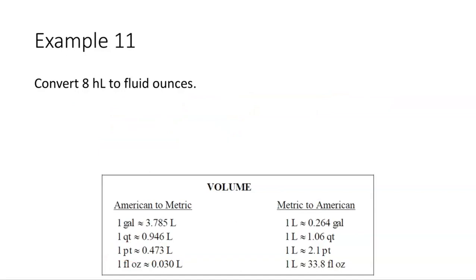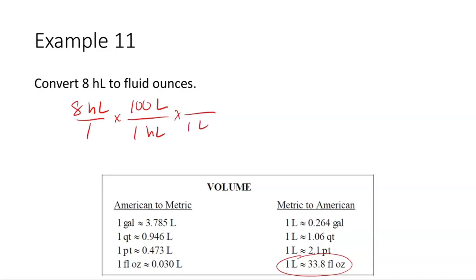And 8 hectoliters to fluid ounces. Well, if you're at the table, 1 hectoliter is 100 liters. And then I know that 1 liter is 33.8 fluid ounces.